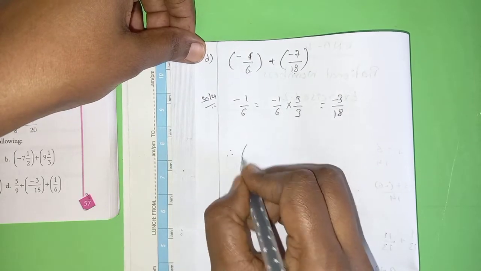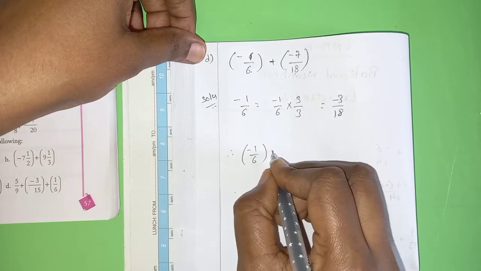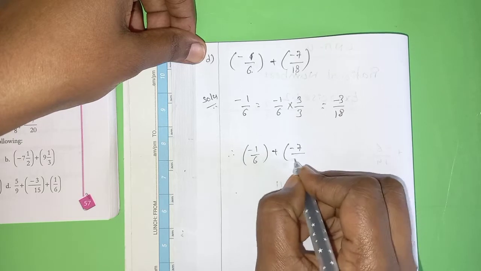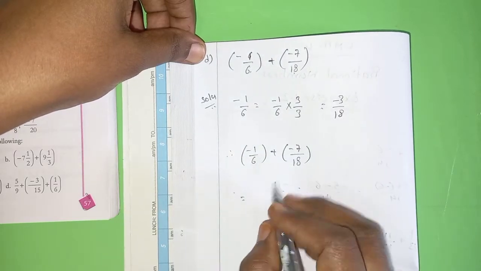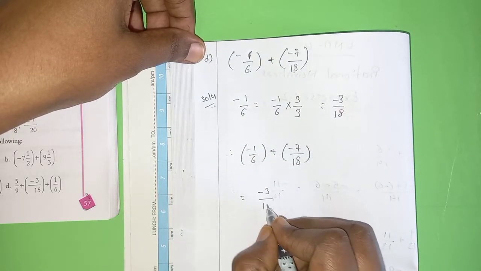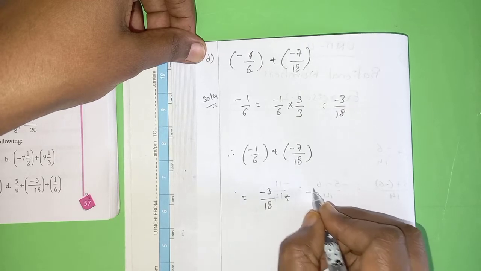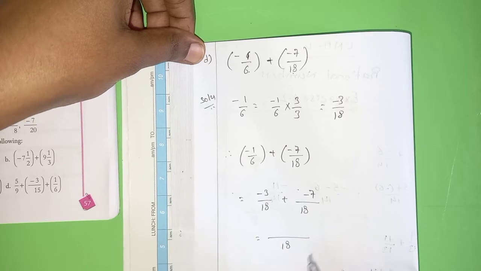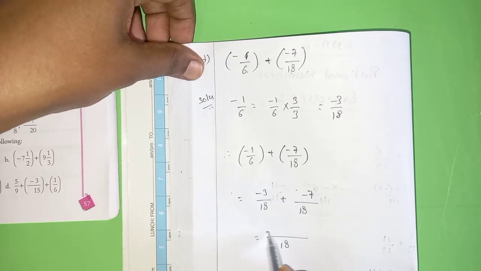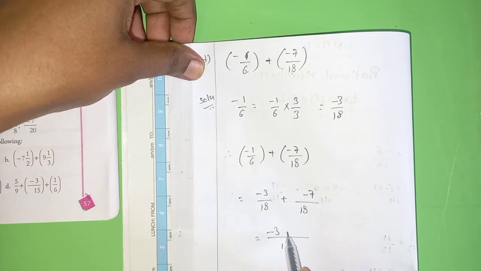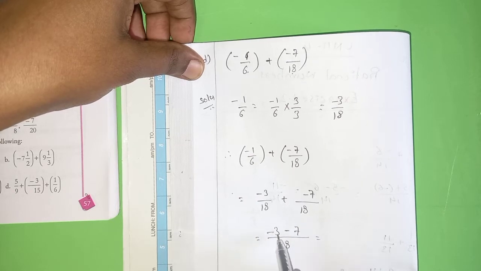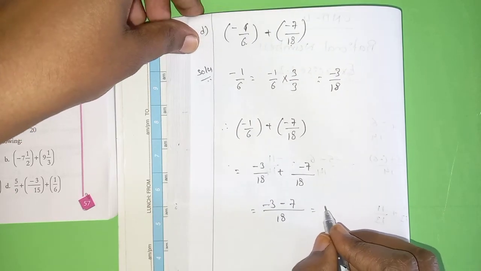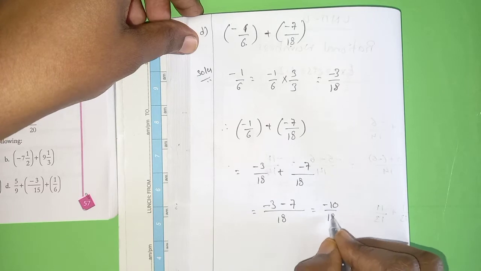Therefore, minus 1 by 6 plus minus 7 by 18 equals minus 3 by 18 plus minus 7 by 18. The denominator will be 18. Minus 3 plus minus 7: 3 plus 7, 10. Minus 10 by 18.